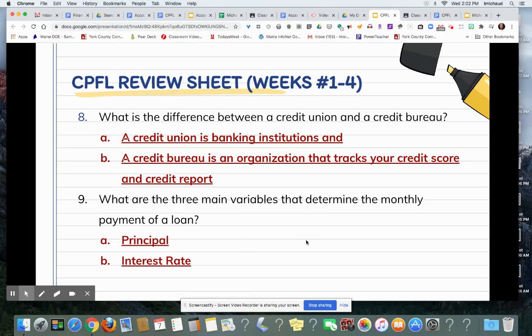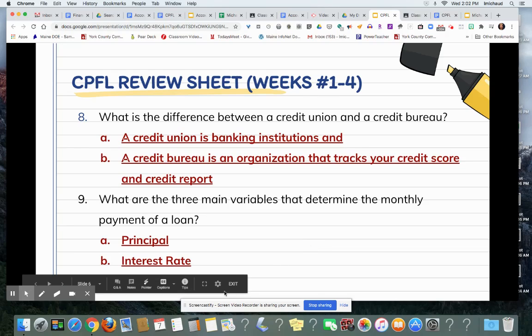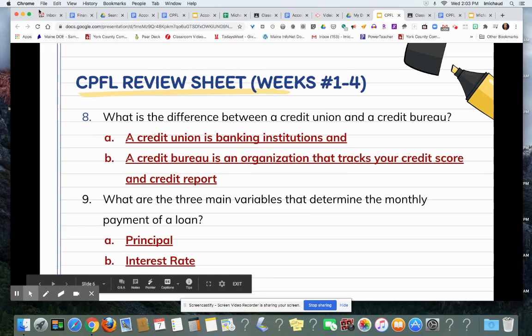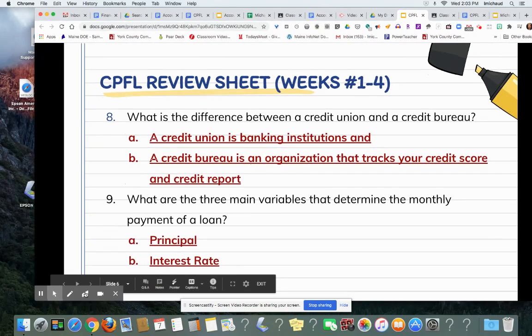You want to try to get a lower interest rate. And again, if your credit score is good, you're going to get a lower rate. And then finally, the next one is the term or the time of the particular loan. I know you can't see that. I just don't want to exit out of the presentation right now. So principal, interest rate, and time or the term.